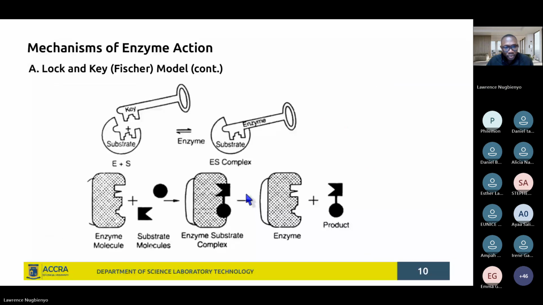So what it means is that, say, this is a substrate, and then you have an enzyme, and the two of them have shapes such that they can fit just like a lock and key. And so once they fit, they form an enzyme substrate complex.